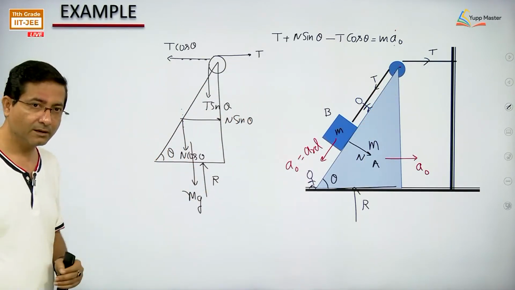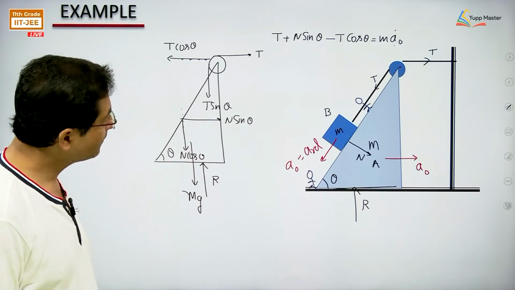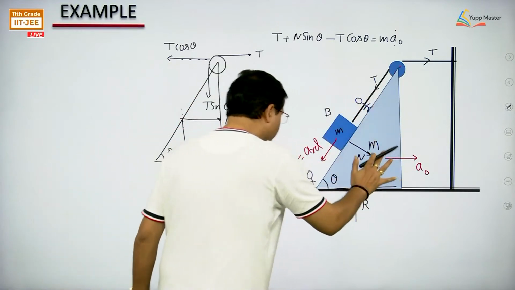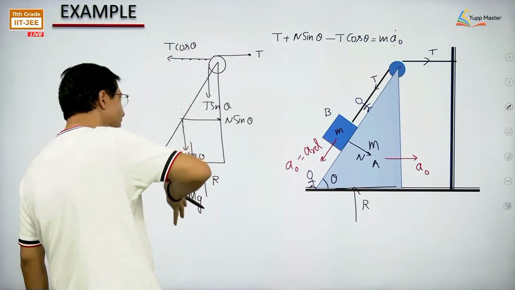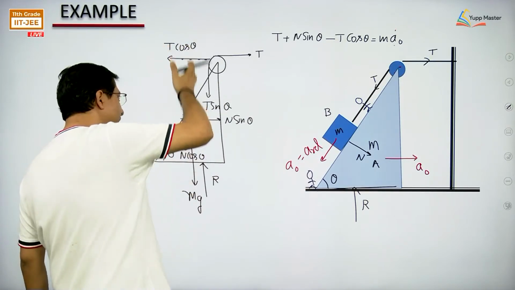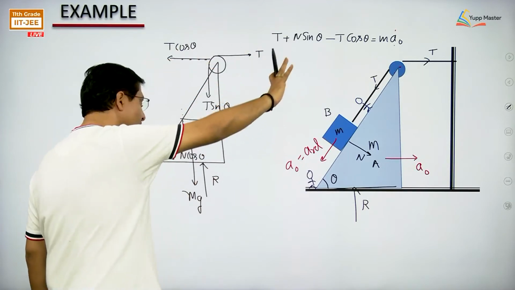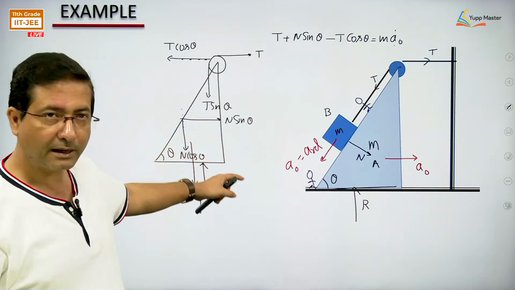So motion along x direction, I have written the equation. Now the wedge is over. If you feel like writing for y direction, write one equation for y direction, but as it is not needed, I am not writing that equation in y direction. I am just writing the equation in x direction. Okay. Let's draw the free body diagram of the block.